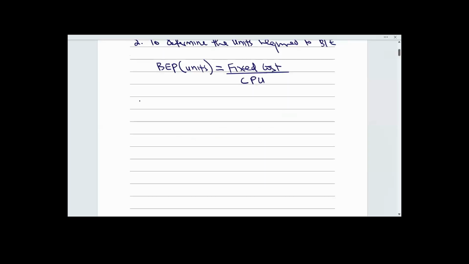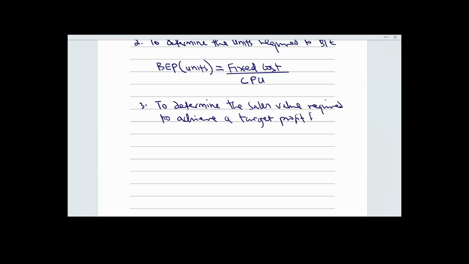Then number 3 objective is to estimate or calculate, to determine the sales value required to earn or to achieve a targeted profit before tax.